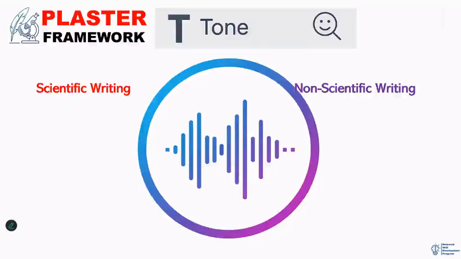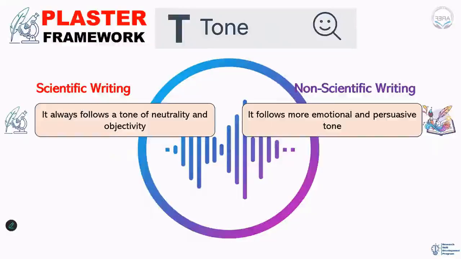Then the fifth one is the tone. The tone of our writing is very important, because once you read certain things, you can feel a tone in which the whole content is written. And the important tone in scientific writing is neutrality and objectivity.